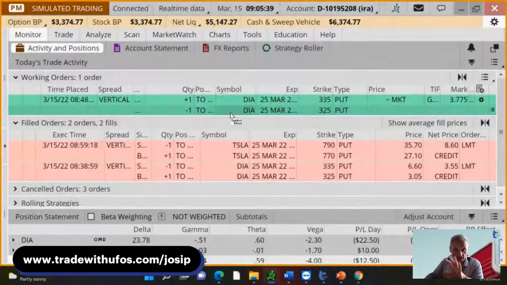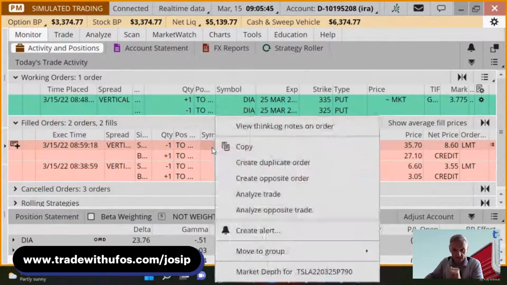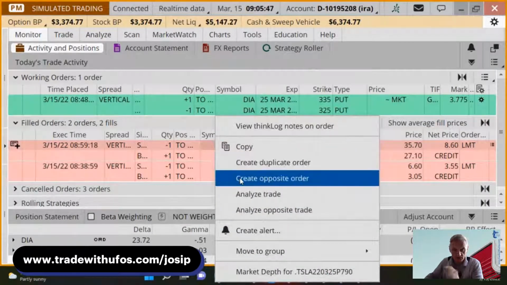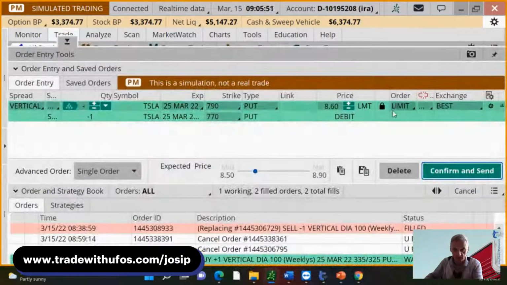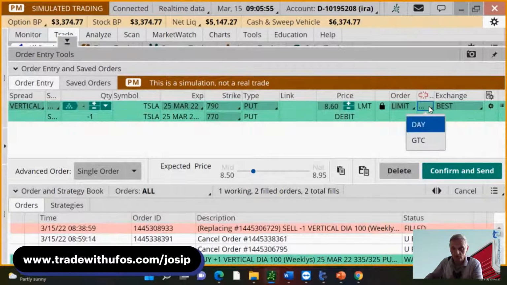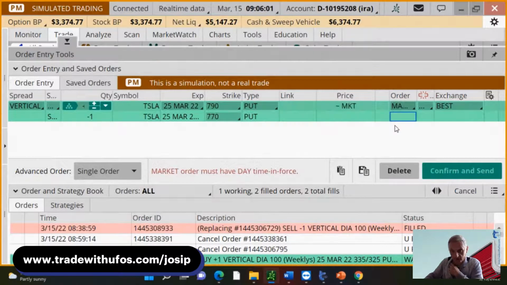So what I would suggest to you after the market closes today, you single right click on this. Make sure you select to create opposite order because now it's flipping it. Time in force is going to be what? Day order. No. Good till cancel. Limit is going to become a market order.